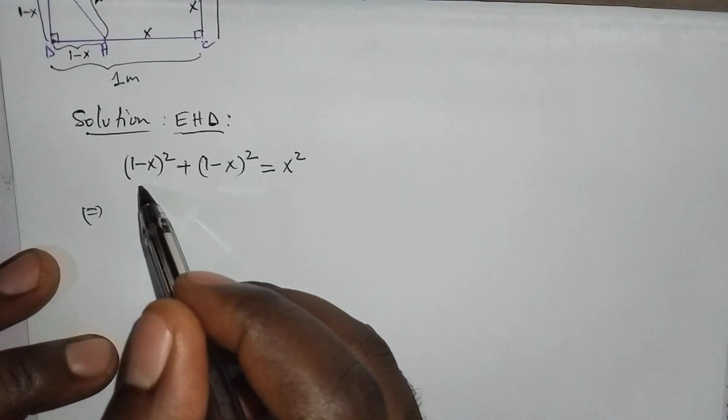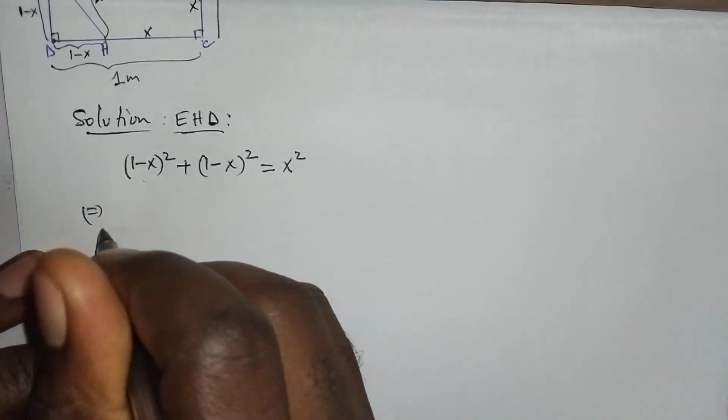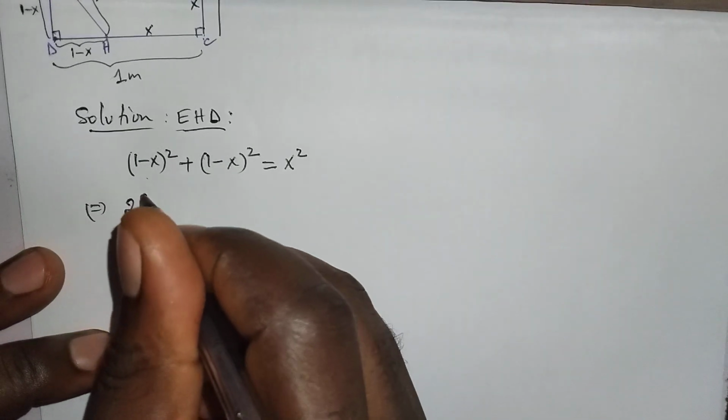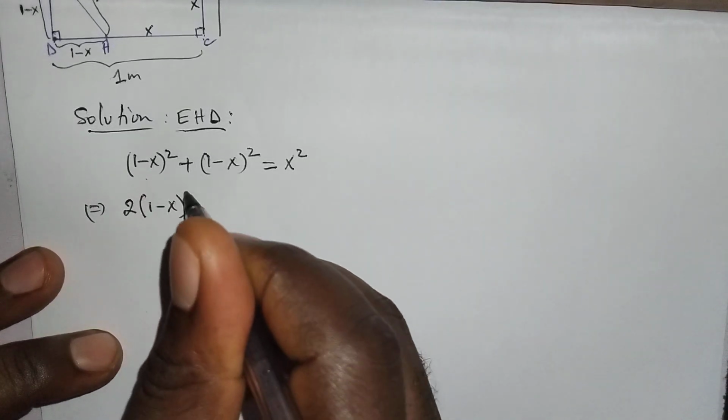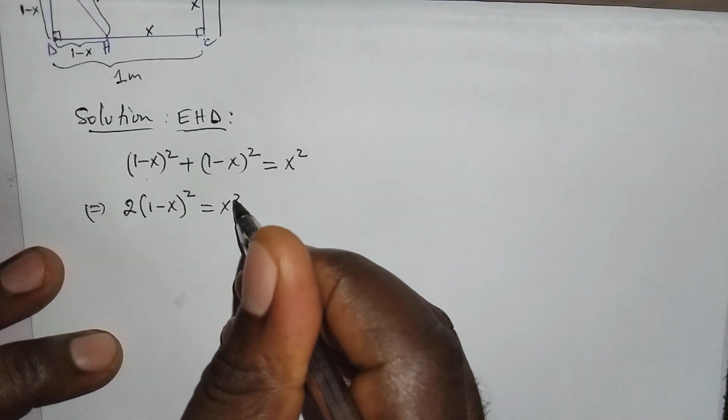These are the same, so we can add: 2 times (1 minus x) squared is equal to x squared.